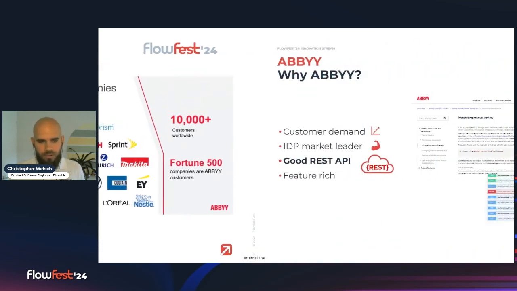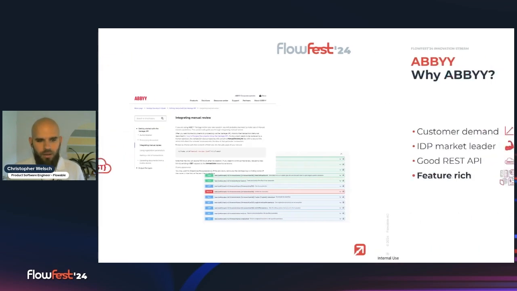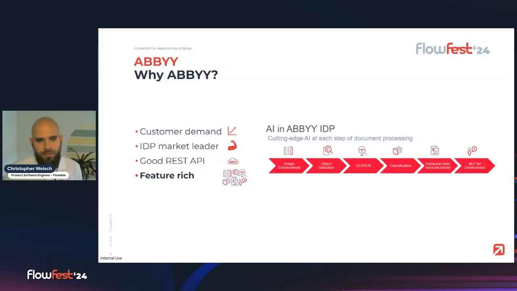From a developer point of view, Abbyy provided a really good REST API and documentation. So integrating Abbyy into our system was quite easy. And of course, Abbyy is feature-rich.